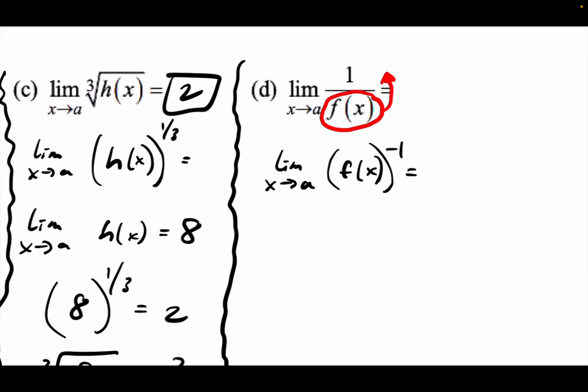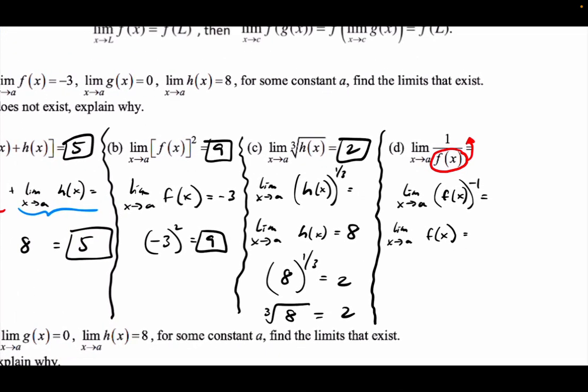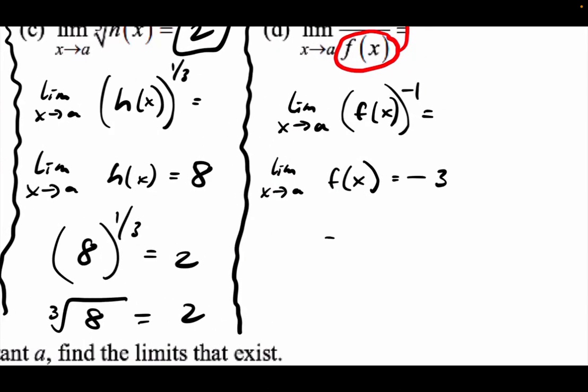The other way is using the quotient rule. I'll show you after I do it this way. So the limit as x approaches a for f of x, we know that is -3, right? And then, what is -3 to the -1 power? Positive?